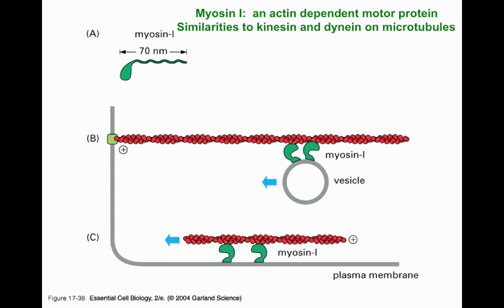So again, myosin 1 is able to move vesicles towards the plus end of the actin filament, or is able to move filaments themselves from one side of the cell to another. As it is trying to reach the plus end, because it is tethered to the membrane, it doesn't move, it only moves the filament.